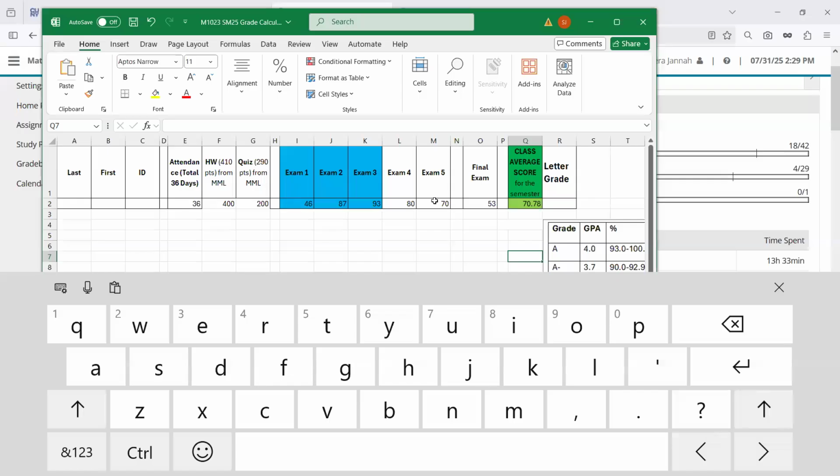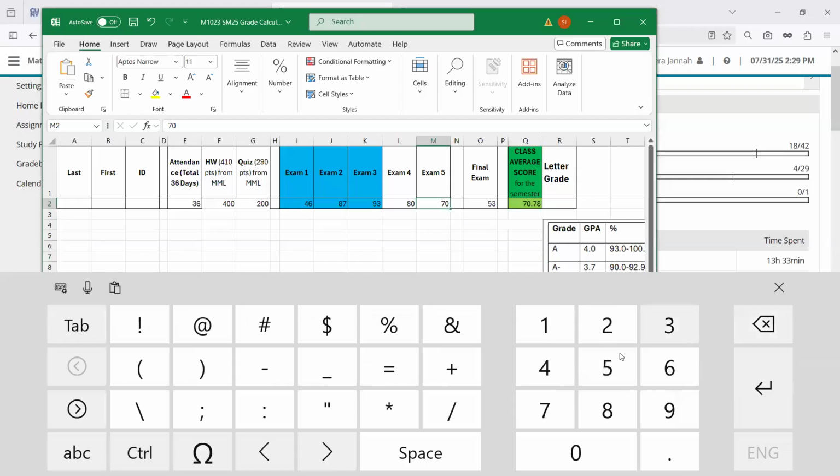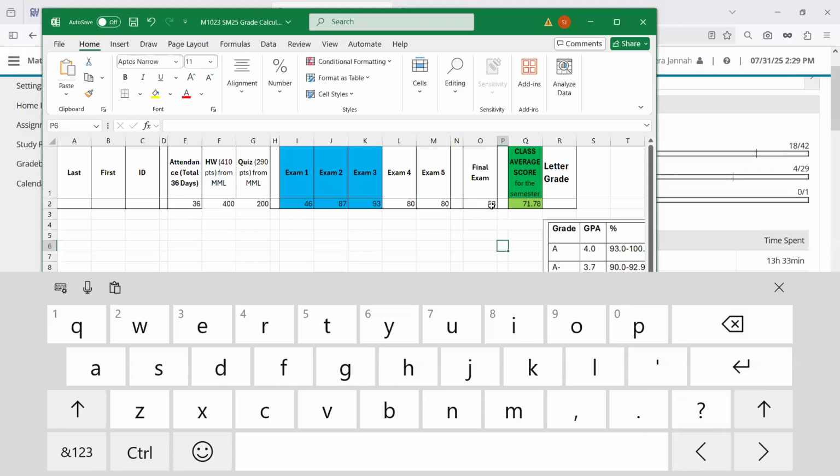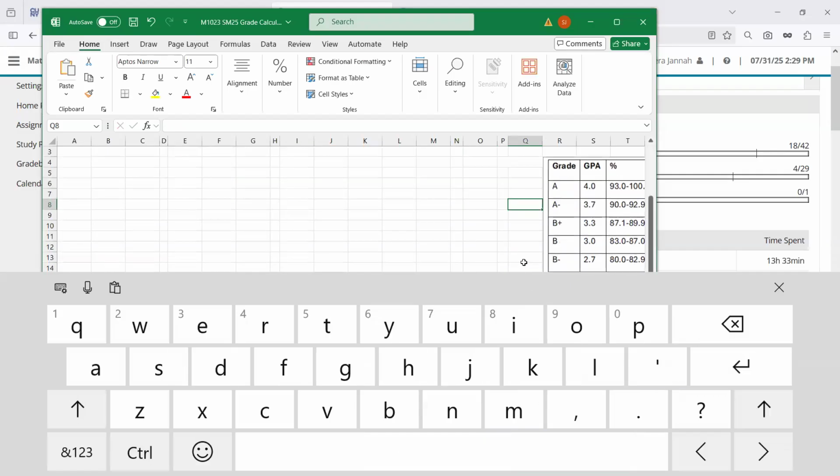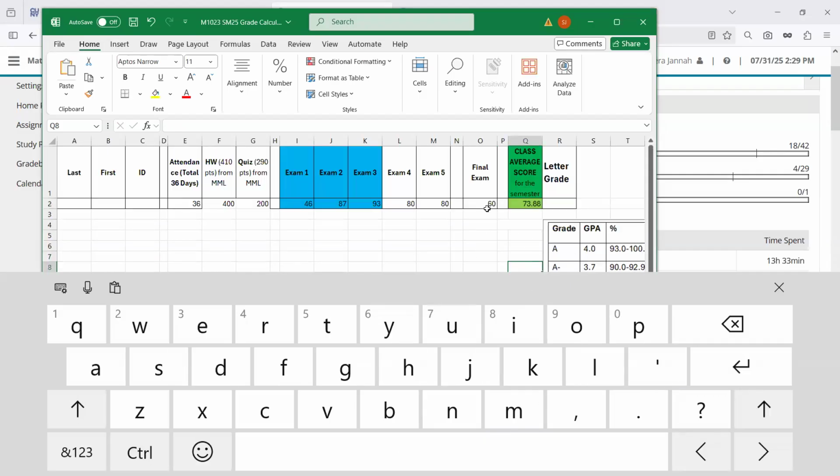Fifth exam. 80? Yeah, 80. Can you do a 60 on the final? Don't matter. 60 on the final, 73, C. So with 80 and 60, you get a C in the class.